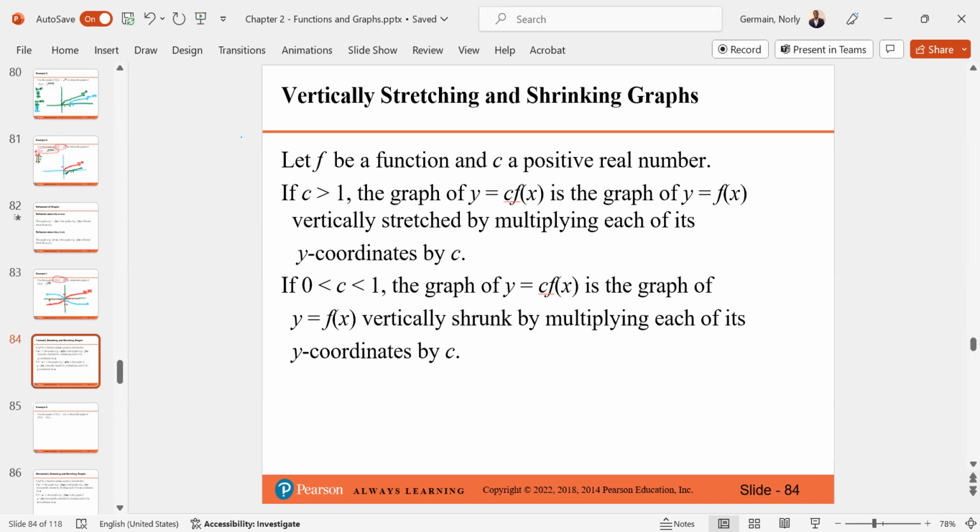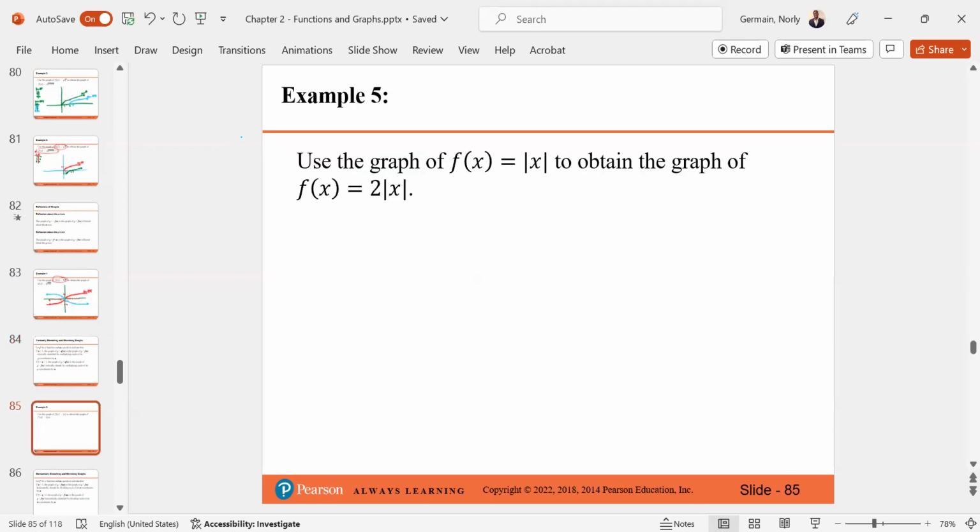All right, we're going to see it different ways for the next examples. This is what you have. As you can see, we have this exercise: use the graph of f of x equals absolute value of x to obtain the graph of f of x equals 2 times absolute value of x.